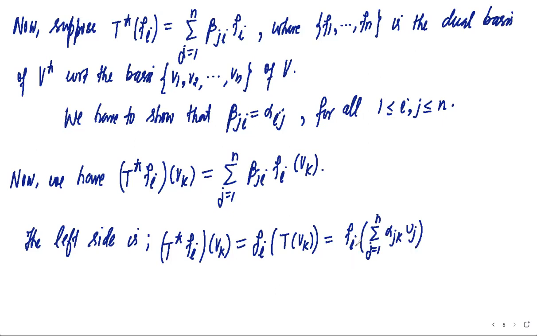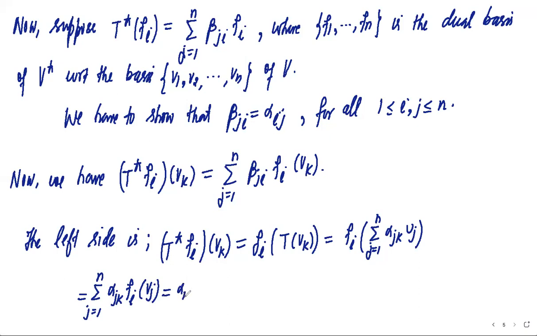But now this Fi is a linear operator. So we can write this is equal to summation j running from 1 to n of alpha jk, then Fi of Vj.